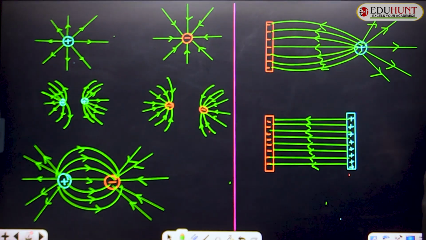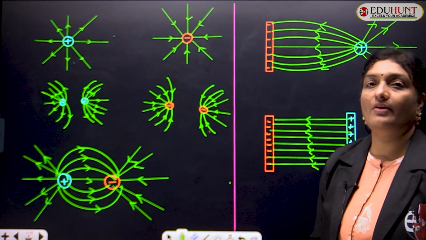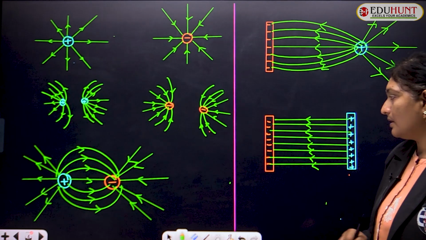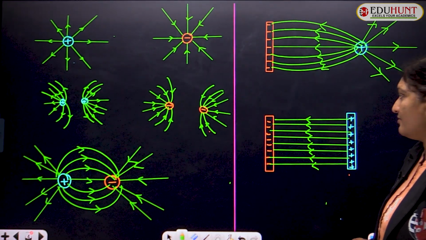So, these are the electric field lines for different structures of positive charges as well as negatively charged particles. Let us try to understand the properties of these electric field lines.